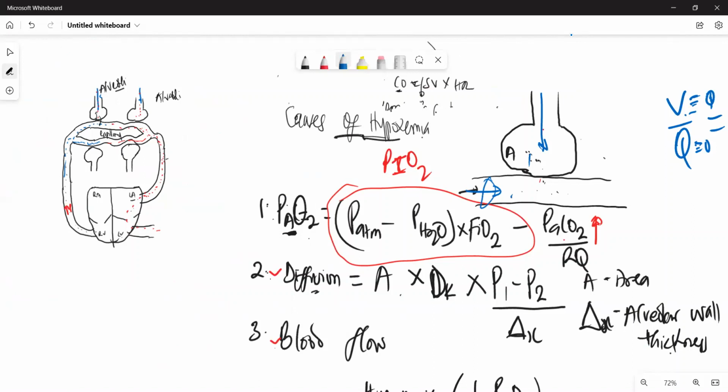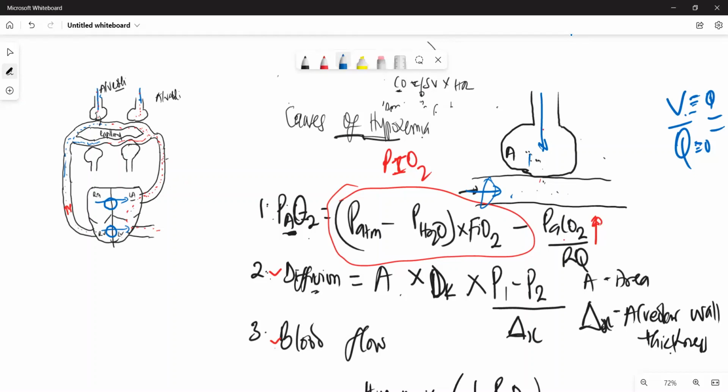But if there's a big hole between the right atrium and left atrium, or between the right ventricle and left ventricle, instead of going to the pulmonary system, the blood can pass through there, from the right atrium to the left atrium, or from the right ventricle to the left ventricle, without going to the lungs. So that would be a shunt.